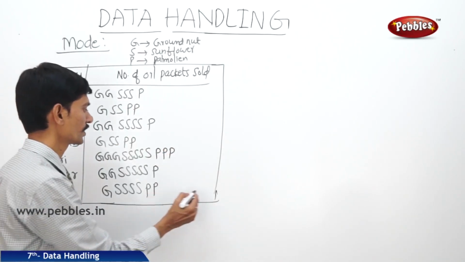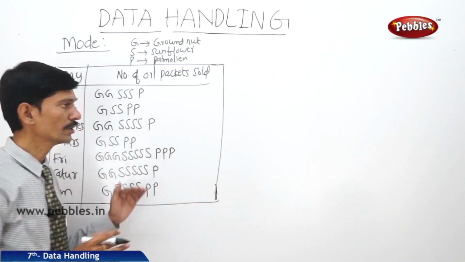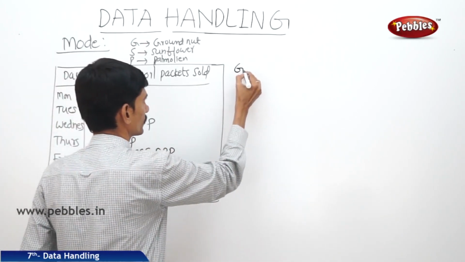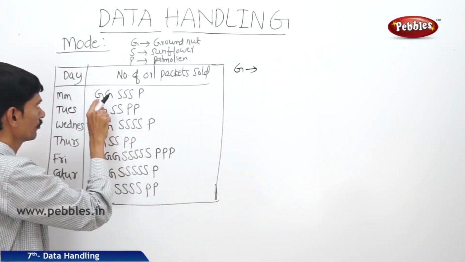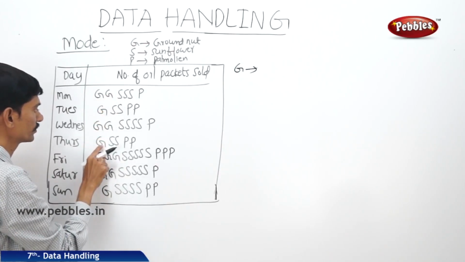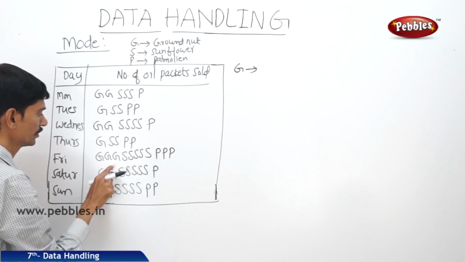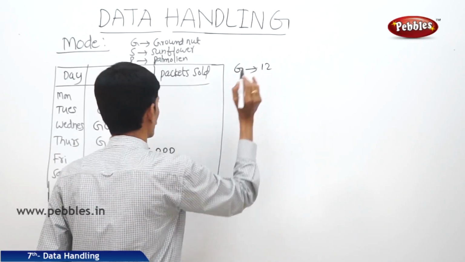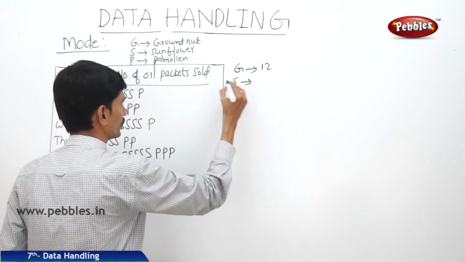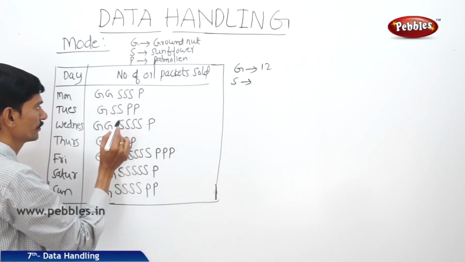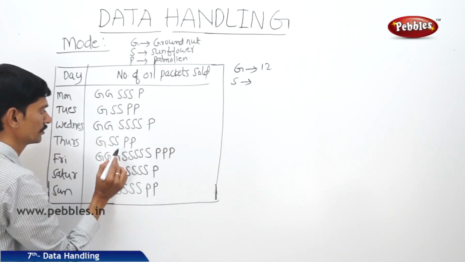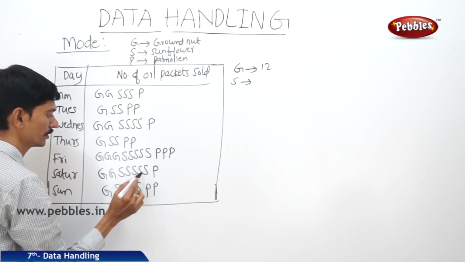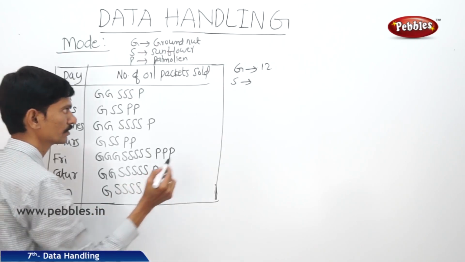So if you find the type of oil packet which sold most frequently: groundnuts sold 1, 2, 3, 4, 5, 6, 7, 8, 9, 10, 11, 12. So there are 12 packets of groundnuts. Sunflower: 1 to 25.